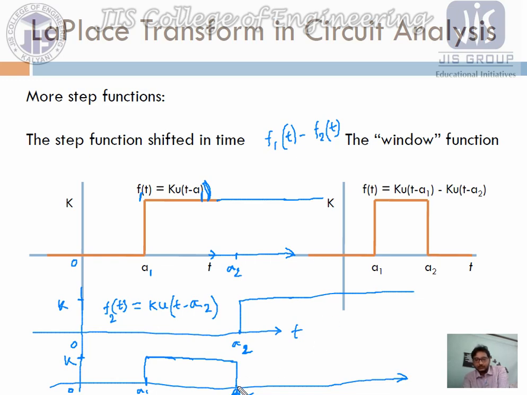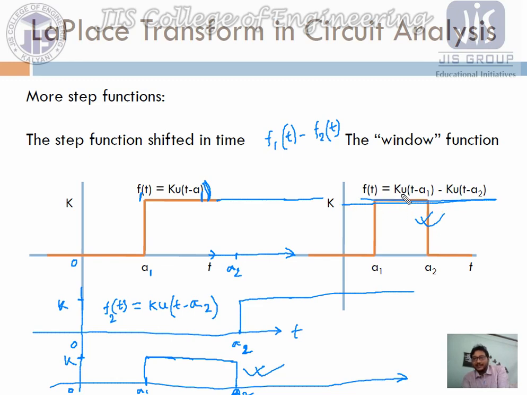So the rest of the time it always provides 0. Now look carefully, is the resultant function the same as this one? Yes.